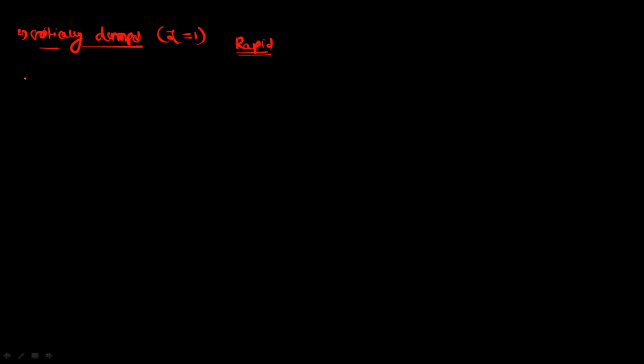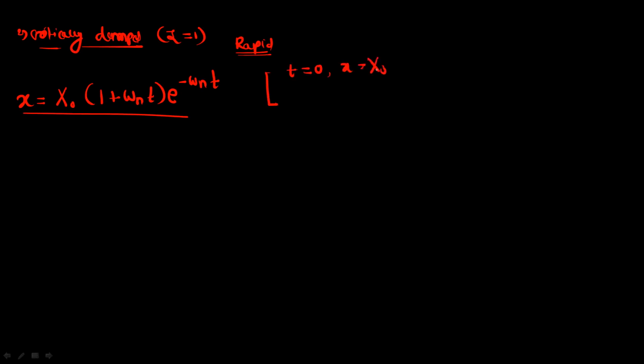For this system, the equation was x is equal to x0 in bracket, 1 plus omega n t, and e raised to minus omega n t. You get this equation if the initial condition is at t equal to 0, x is equal to x0 and at t equal to 0, x dot is equal to 0.